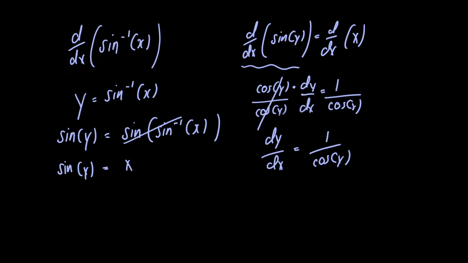Now at this point we're going to want to make use of the following trig identity. I'll just write it over here. Cosine squared of x plus sine squared of x equals 1. So let's just start by rewriting this in terms of y.